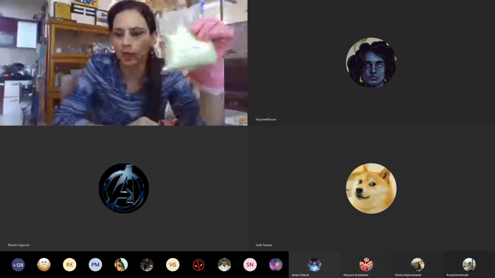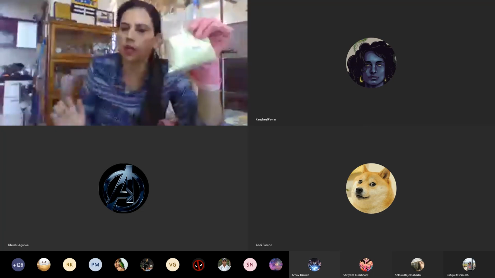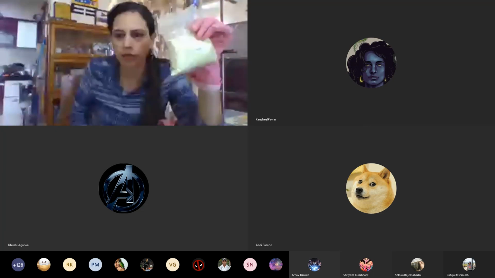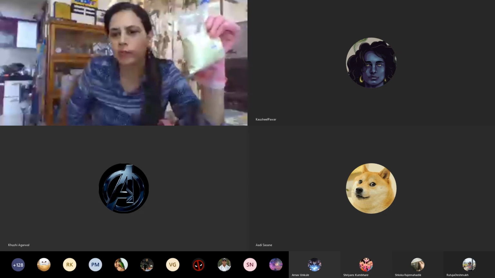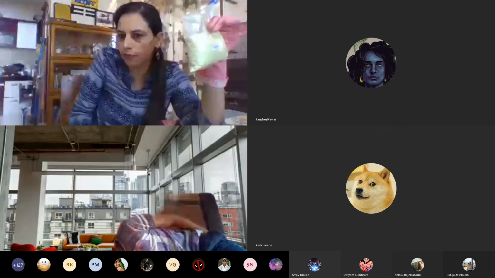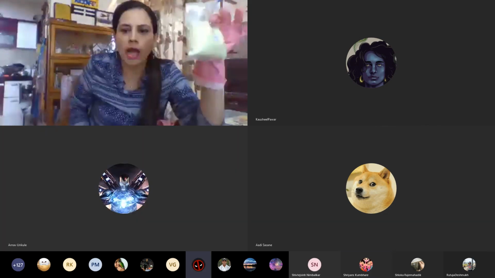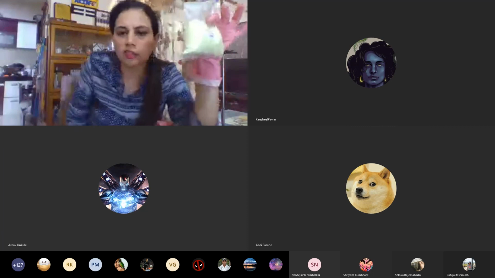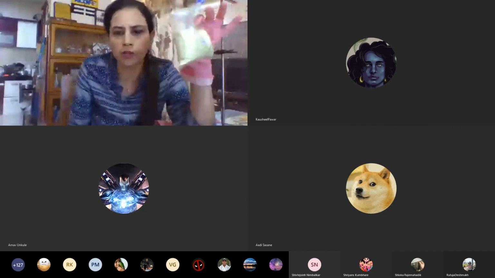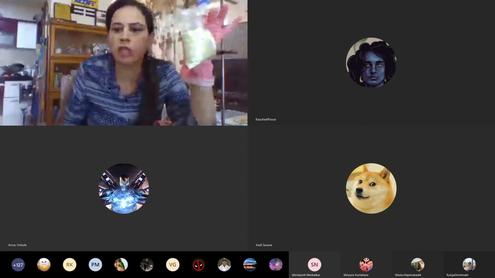So I have sulfur in my hand right now and we are going to see the reaction of sulfur with air. What happens when you burn sulfur. I cannot show you the burning process of sulfur because I'm not inside a chemistry lab.